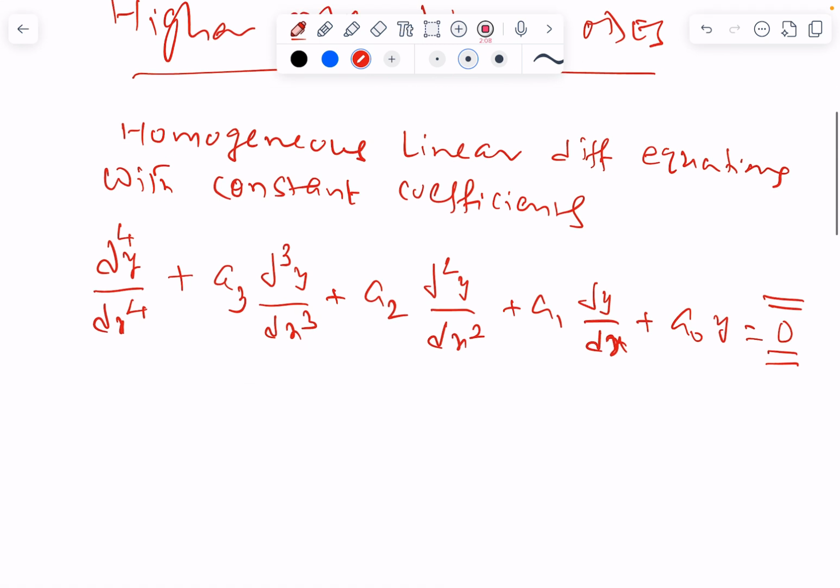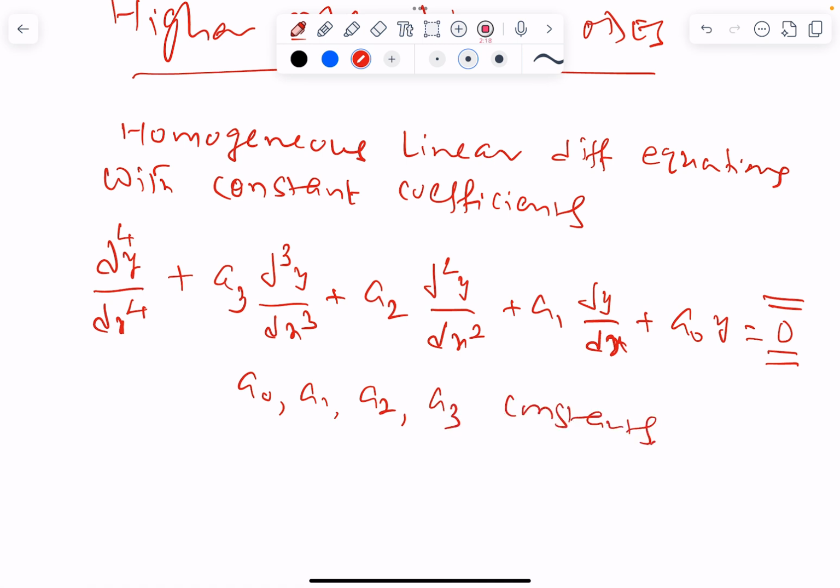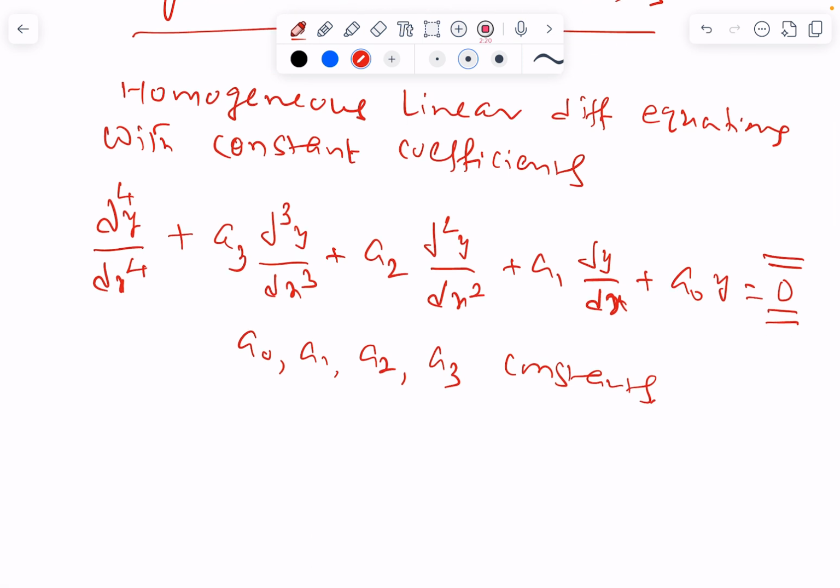Here a0, a1, a2, a3 are all constants. So we would like to solve this kind of differential equation.